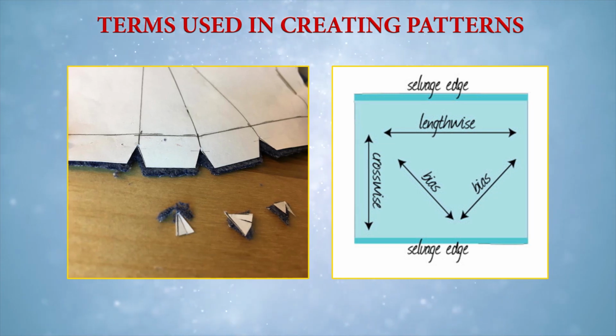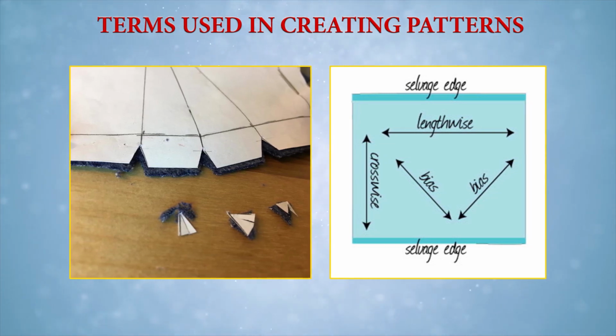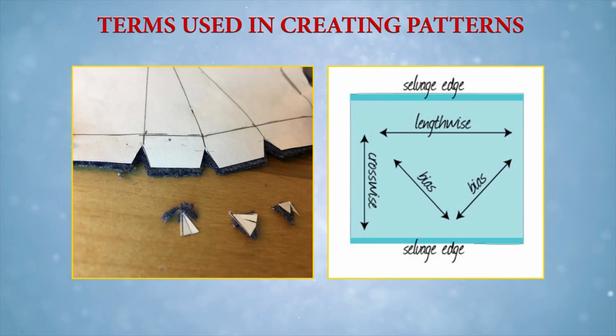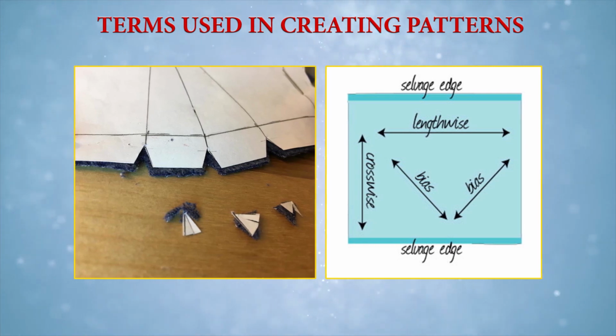So in these two directions we have the fabric. If I have a square piece of fabric with one selvage, parallel to that is the lengthwise grain, and horizontal is the crosswise grain.